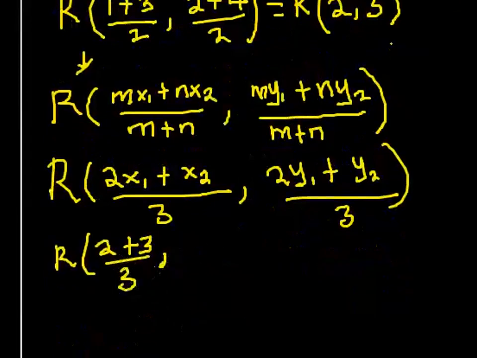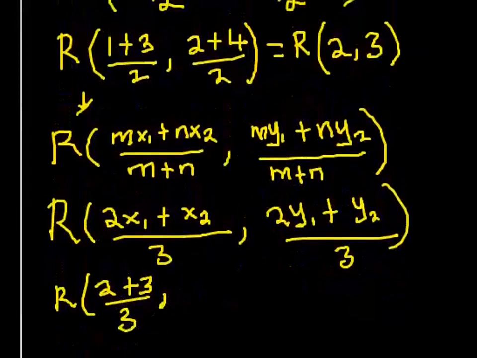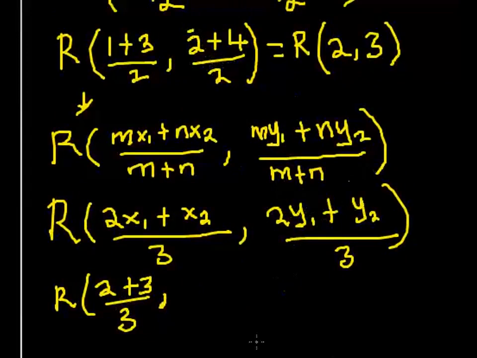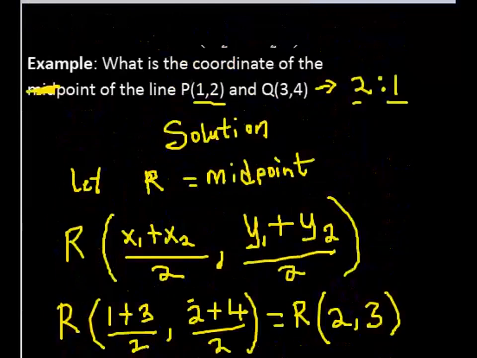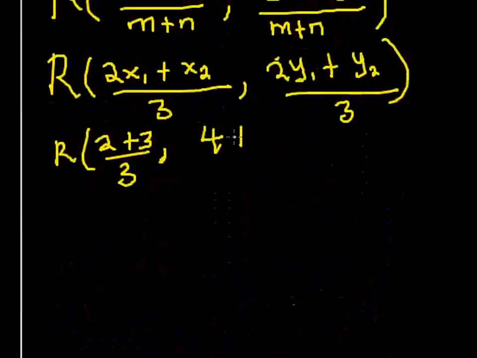Comma, what was my y1? My y1 is 2, okay? That is 2 times 2 here, that's going to be 4. 2 times 2, 4, then plus y2, which is 4, all right? Hope I'm not mistaken. Yeah, y2 is 4.